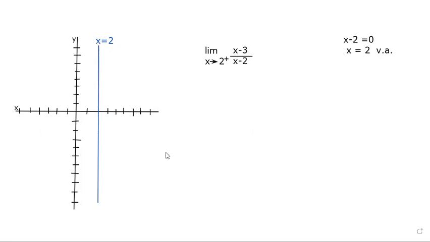Now, by the rules for the limits, we're approaching 2 from the right side, so we want to get closer and closer to 2. But we can't plug 2 in using direct substitution because it would give us an undefined problem.